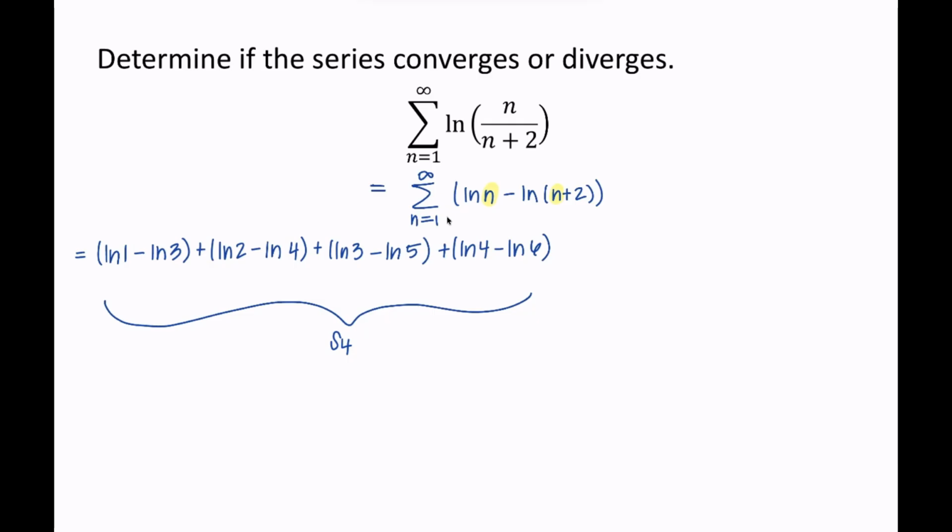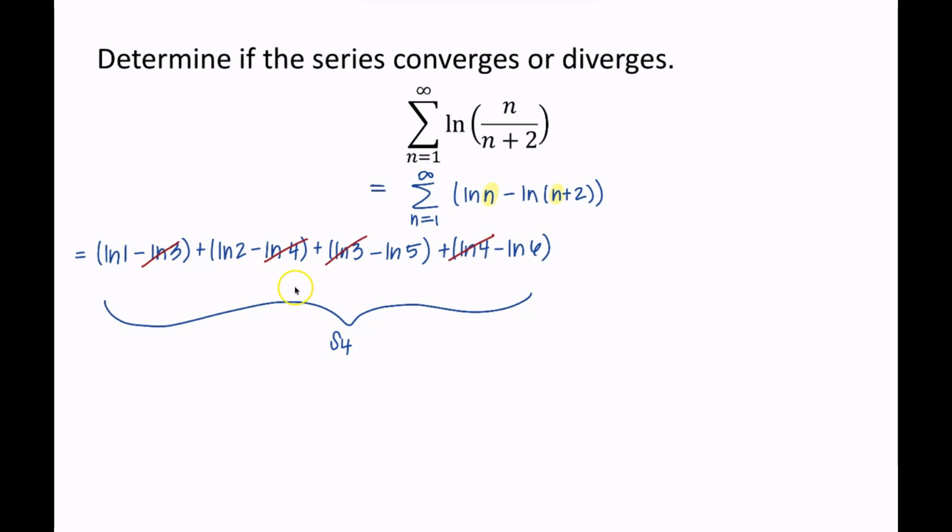And the pattern is the last part of the first term is canceling with the first part of the third term. So we kind of have to jump over one whole term in order to start recognizing when things cancel. Now in the second term, the last part, negative natural log 4, is going to cancel with the first part of the fourth term.